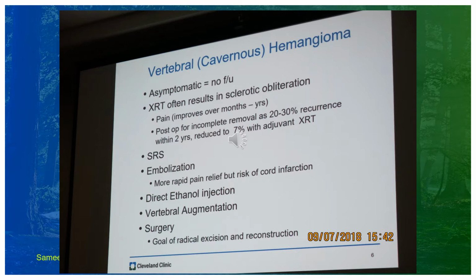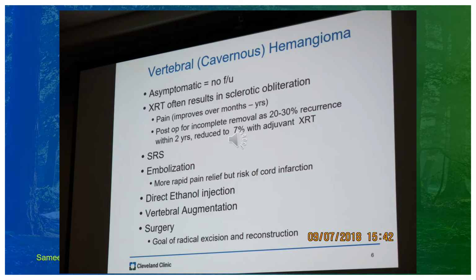Post-operatively, for incomplete removal, if the patient presents, for example, with hemangioma with spinal cord involvement, 20 to 30% recur within 2 years. If we use adjuvant X-ray therapy, the recurrence rate is reduced to 7%.